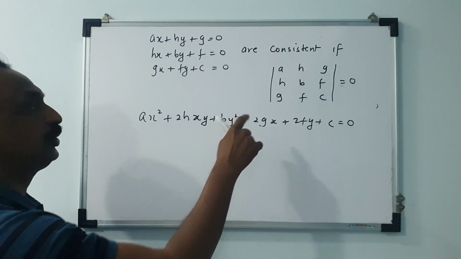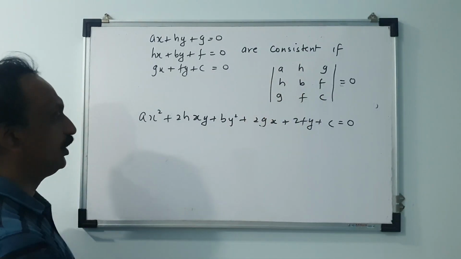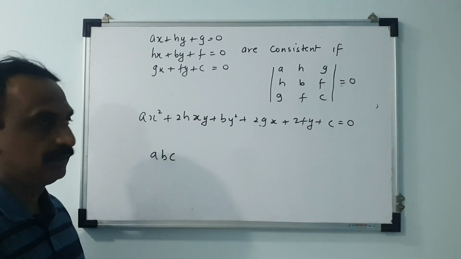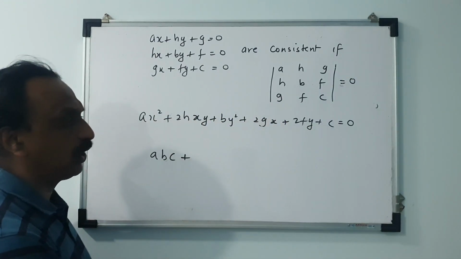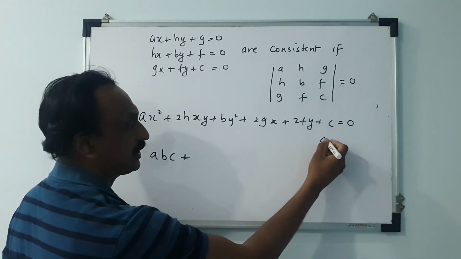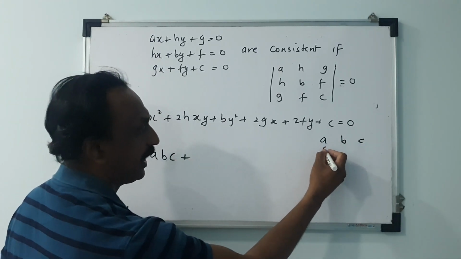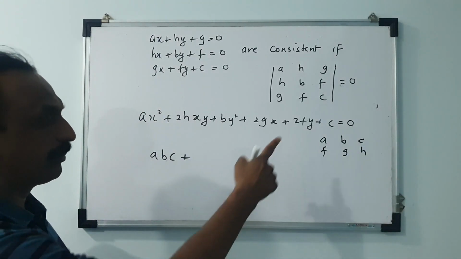Now the third method is you can remember the whole expansion itself. If you expand this determinant, you will have abc plus. Now remember, if you arrange these letters in alphabetical order, first a, b, c, then d is not there, then f, g and h. This is alphabetic order.